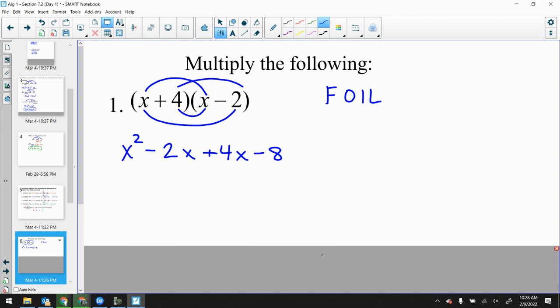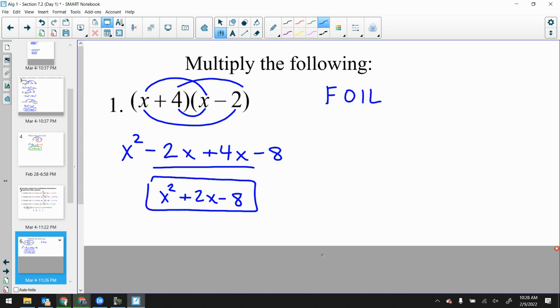Again, you're multiplying each piece of that. Firsts, outers, inners, lasts. Now, what can I do in the middle here? To finish it off, combine like terms. X squared plus 2x minus 8. And that's my answer.